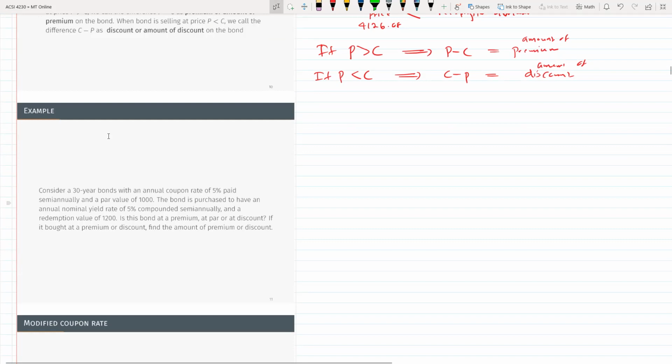So here's a problem. It says consider a 30-year bond with an annual coupon rate of 5%, paid semi-annually, at a par value of 1,000. It's an annual coupon rate, paid semi-annually, so every 6 months you will get a coupon.